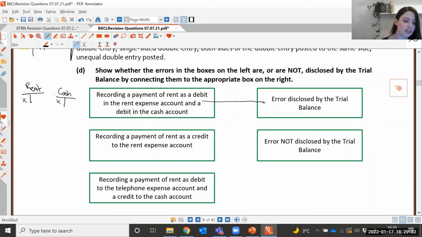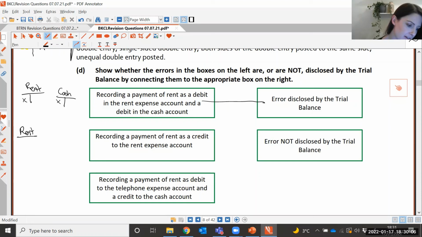Okay, next one, recording a payment of rent as a credit to the rent expense account. Yeah, so this one, so again, it's rent, isn't it? Let's draw it out.